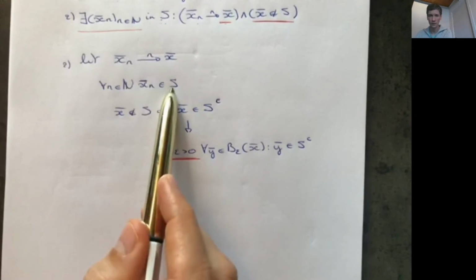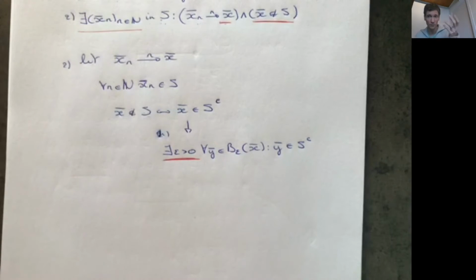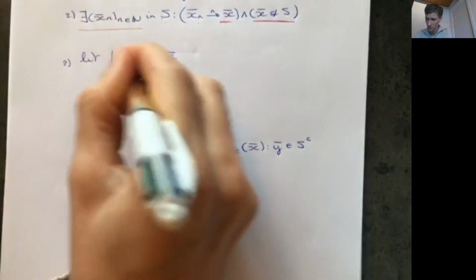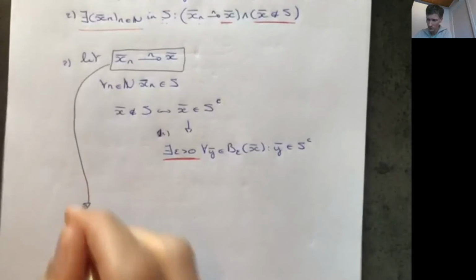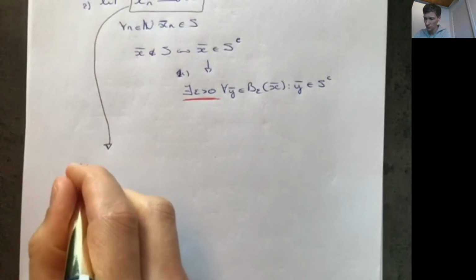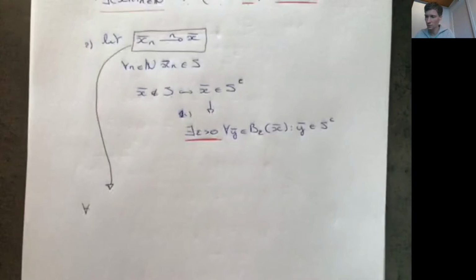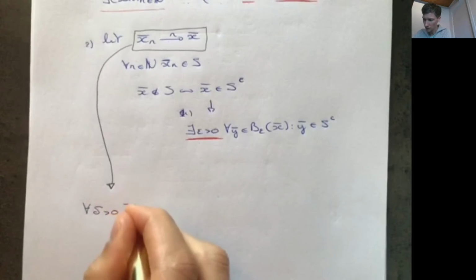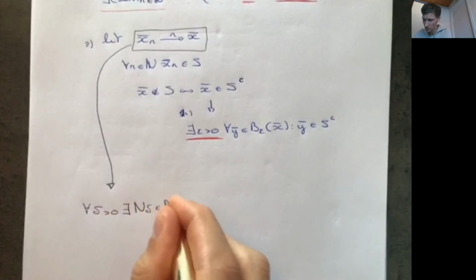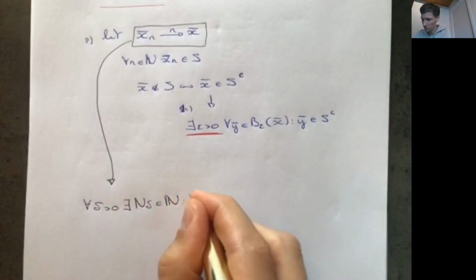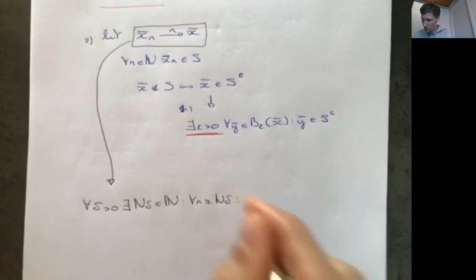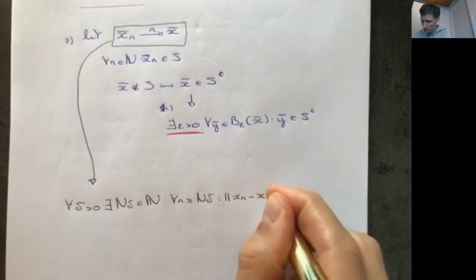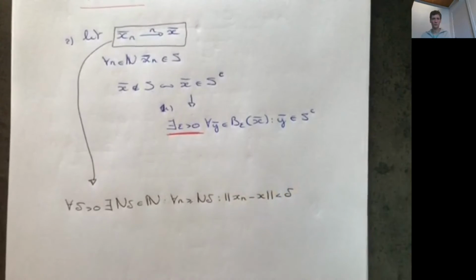However, this sequence is entirely in S, and at some point it has to be epsilon close, right? So if I take this definition here, let me now not call it epsilon because I already have an epsilon here, but I know that for every strictly positive number delta, I can find a natural number N such that for all n greater or equal to N, xn minus x is smaller than delta.